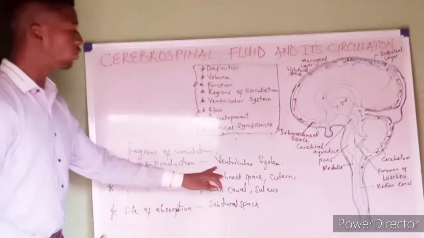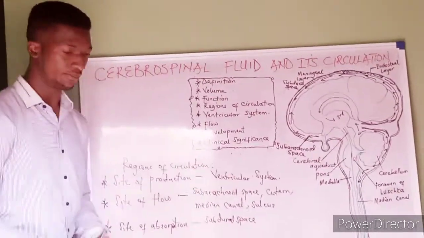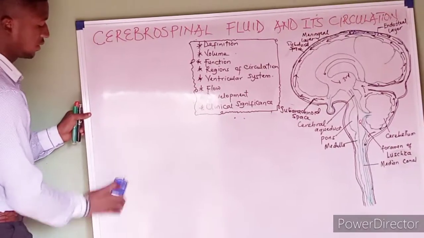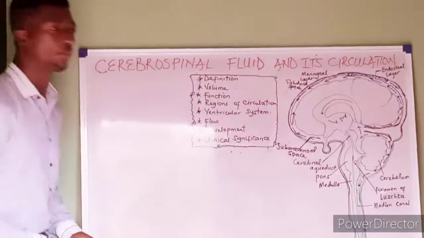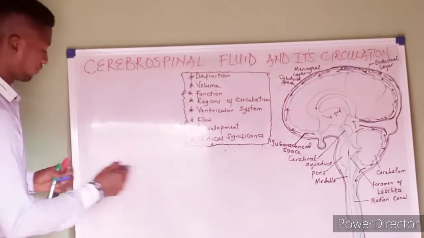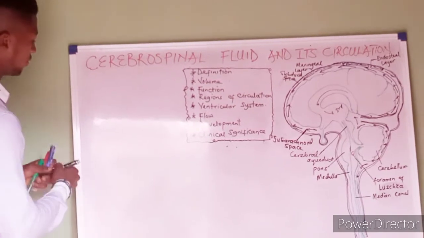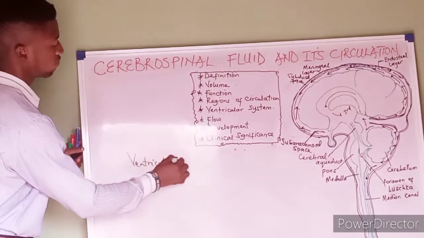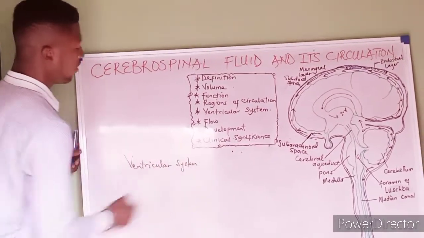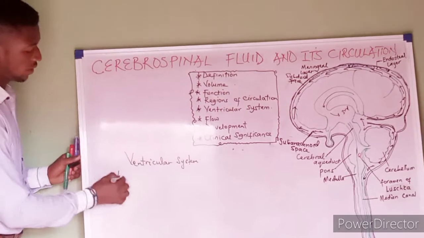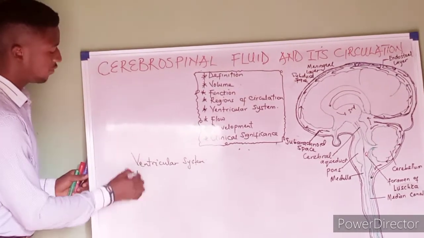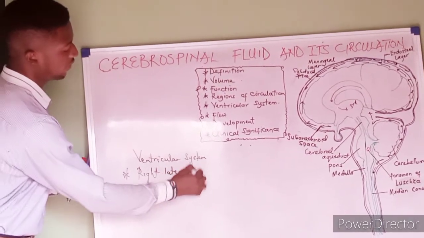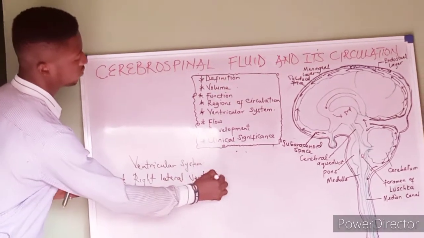Now let's go into detail about the ventricular system. There are four cavities that make up the ventricular system. The first is the right lateral ventricle.